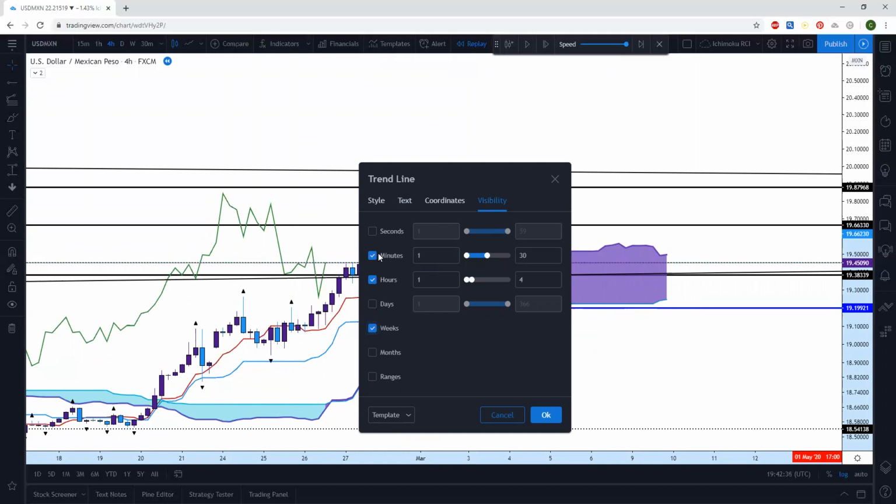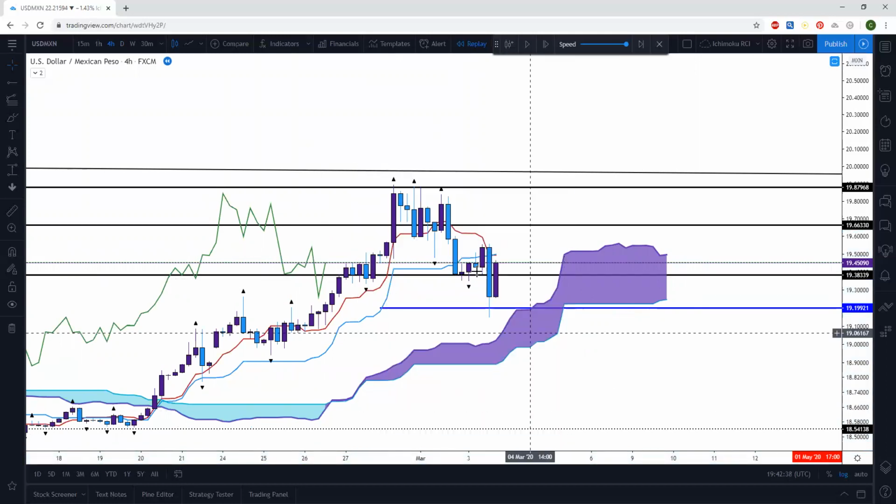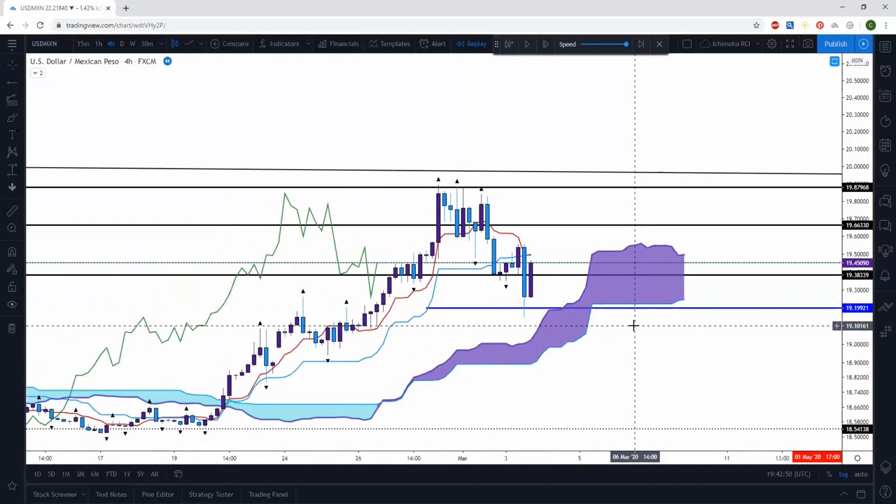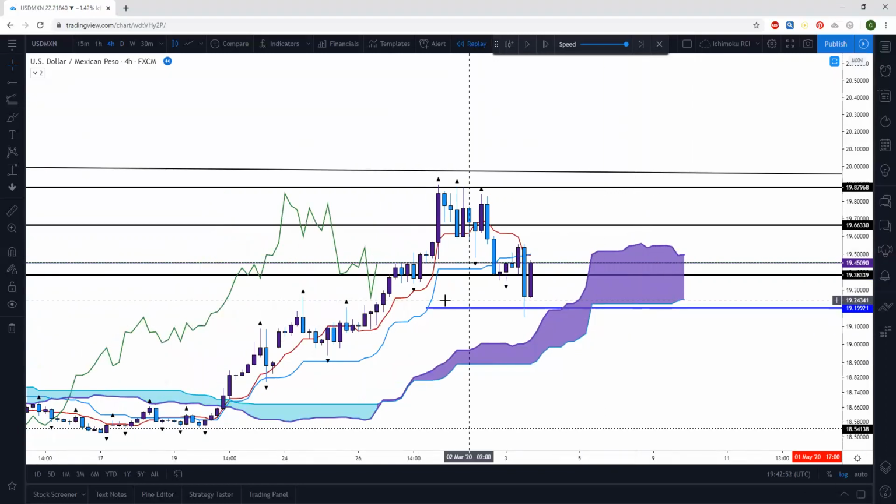So whenever you see a piercing line, it's a candle that breaks at least 50 to 60% of the previous candle. So yeah, we could start looking for a buying opportunity. Now, one thing that's also confirming that, we know this is the Kijun level, right? We see that this is Kijun.